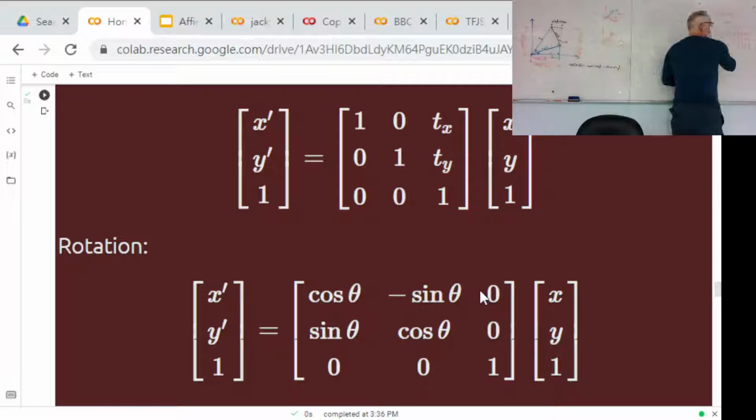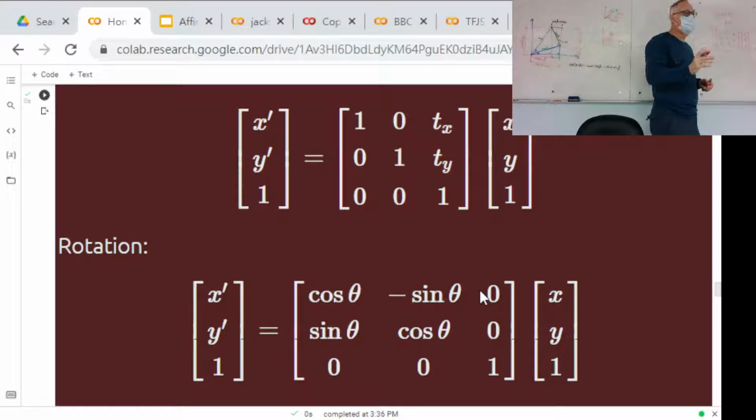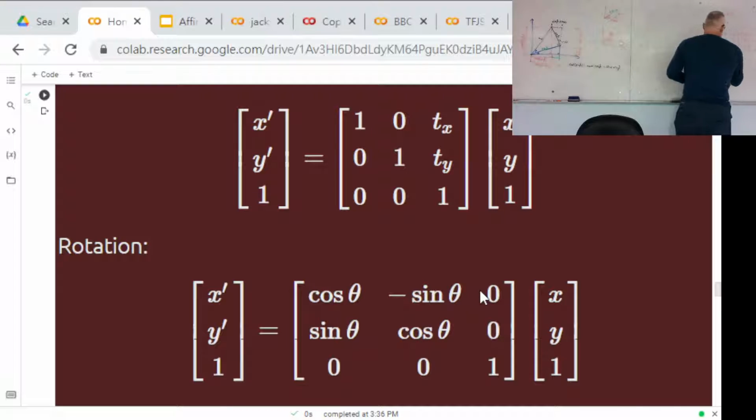Now, after translation, the points are here on the left-hand side, right? That's the new coordinates. So now, if I want to rotate them, I can simply apply a rotation matrix to this. But when I do the calculation, when I do the rotations, then I end up having to left multiply them. Right? We go from right to left.